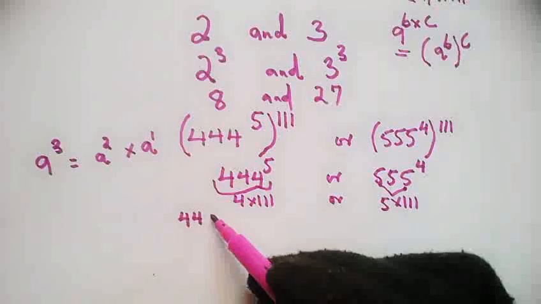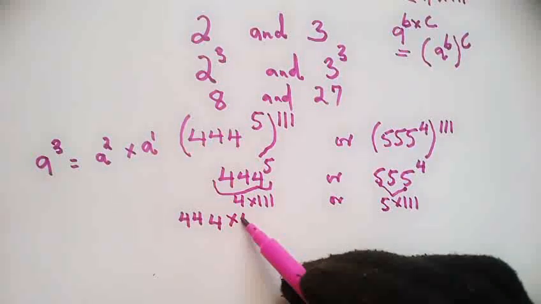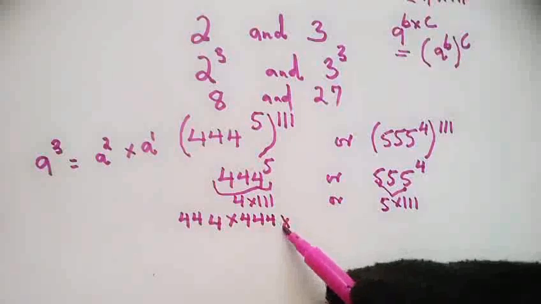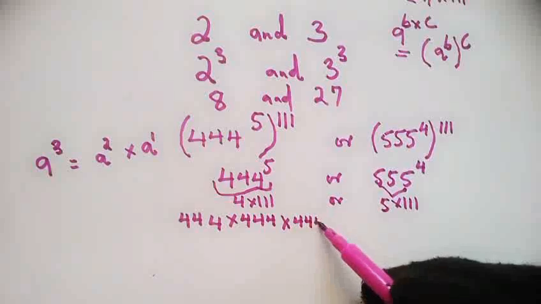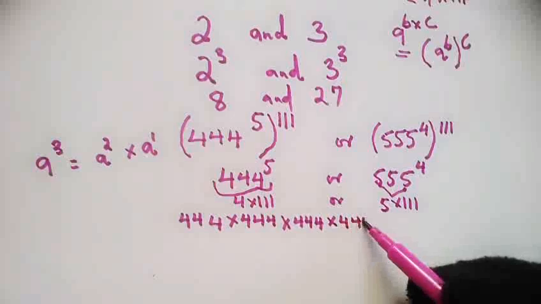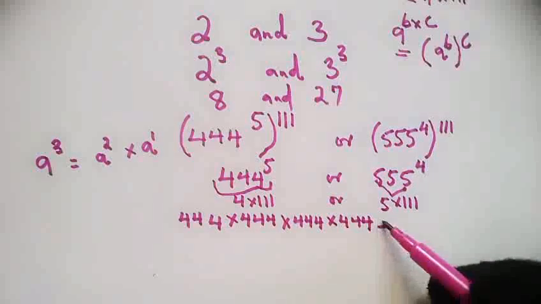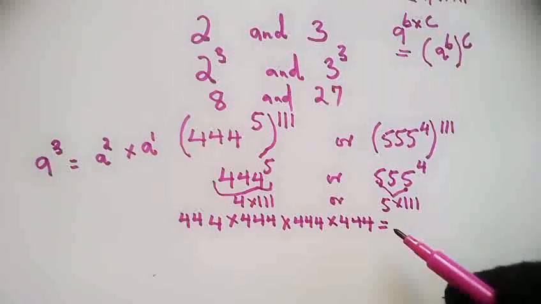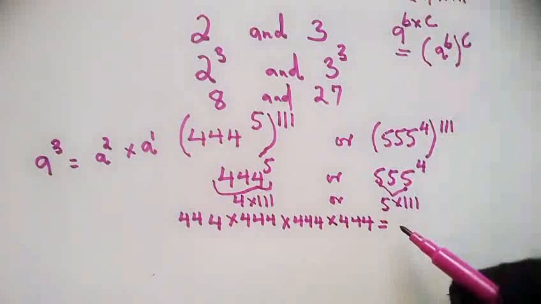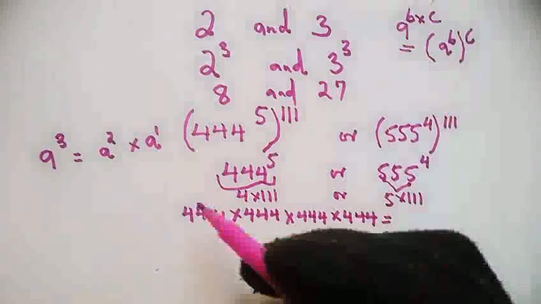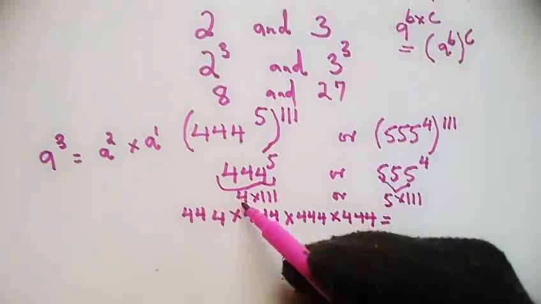So we have 4 times 4 times 4 times 4 times 4, and this is giving us a very large number here. So if you try to evaluate this, it is not going to work actually like that. That is why we need to observe this property here.